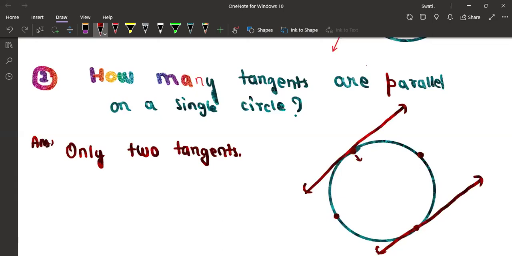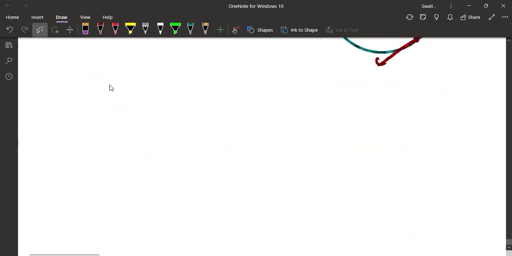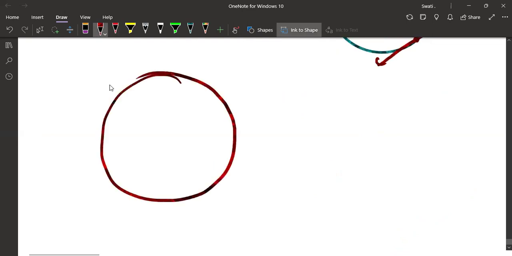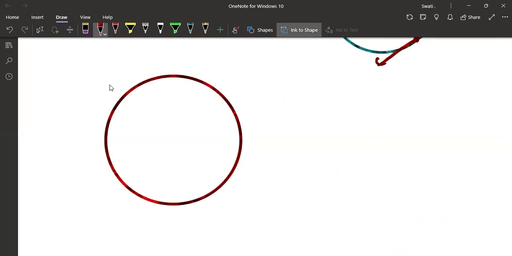Okay. We have, of course, understood a lot of concepts, but I just want to tell you that all these concepts are extremely important in order to understand the questions of circles from NCERT. Next, let us understand the next part. Suppose you have a circle and a point inside the circle.